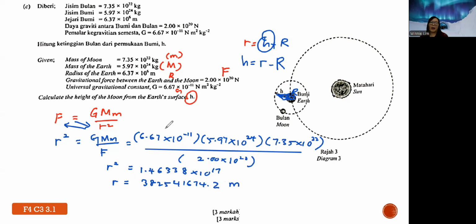But I don't want r, I want h. So how do I get h? h is basically 3825 4167 4.2 minus the capital R, which is 6.37 times 10 power of 6. Then finally you get the answer.